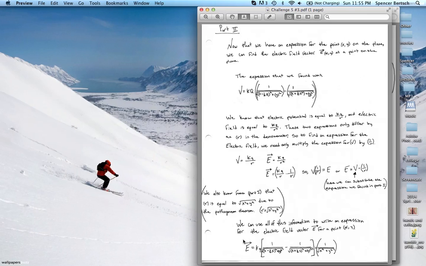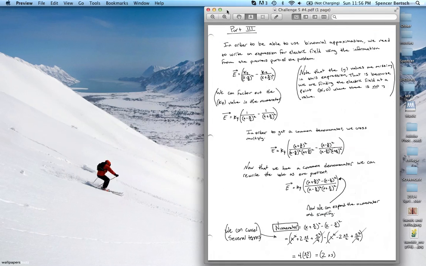So, laying it all out, its electric field is equal to kq multiplied by the quantity of 1 over r1 and 1 over r2, not r squared, but the distances r1 and r2, and then you have 1 over r. So that's how you lay that out.